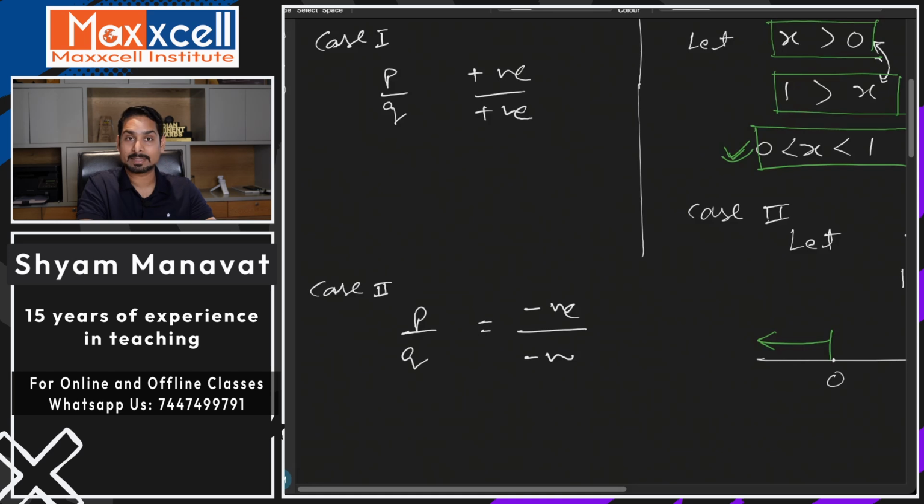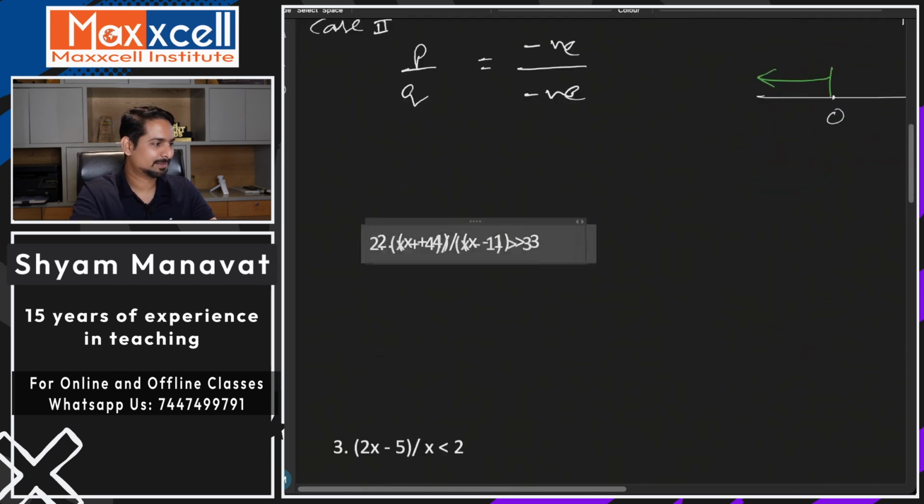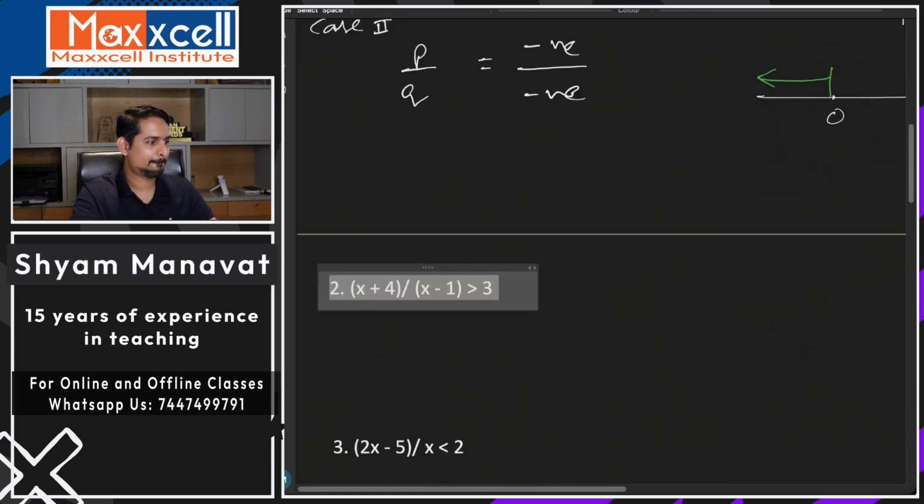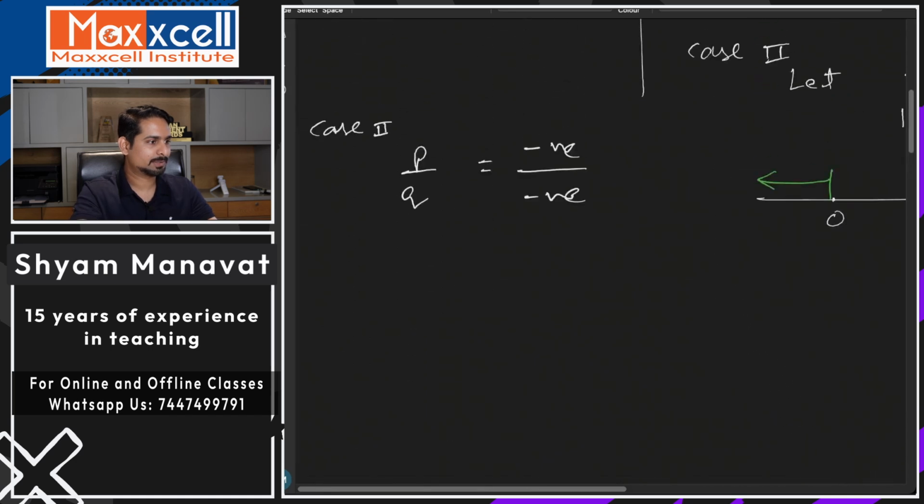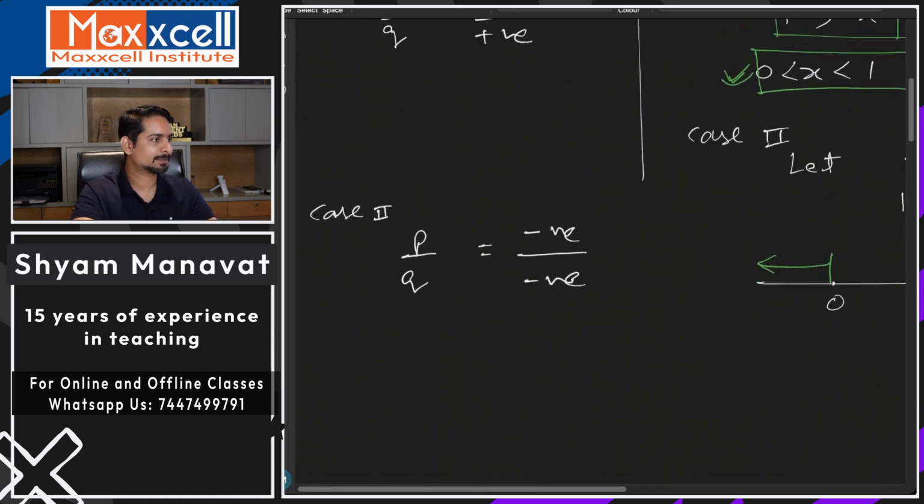Negative and negative will cancel, so you will get a positive value, isn't it? So we are going to solve this out. I hope you understood the two cases we are going to discuss here.